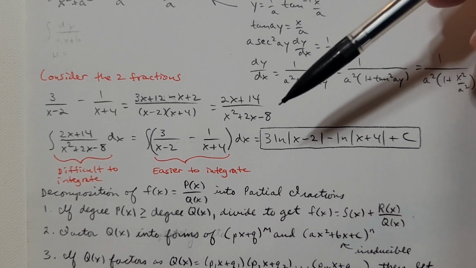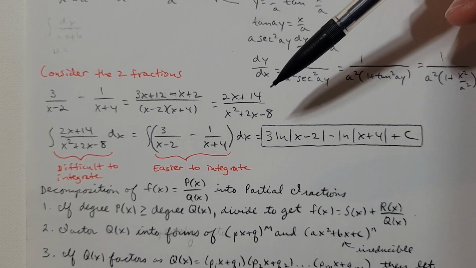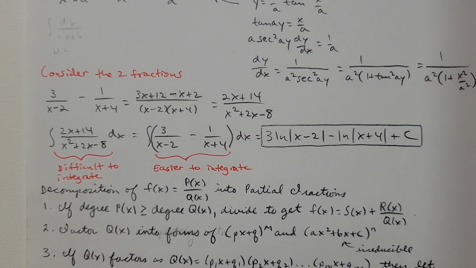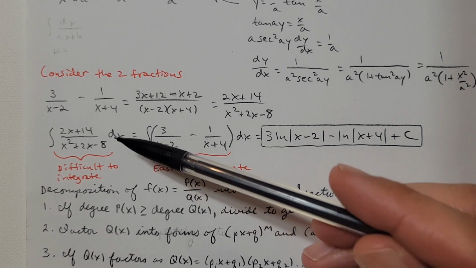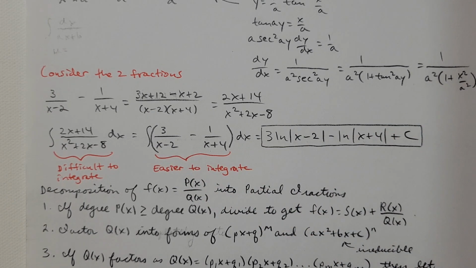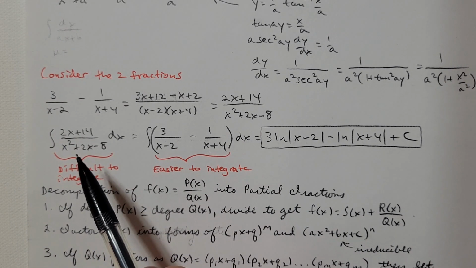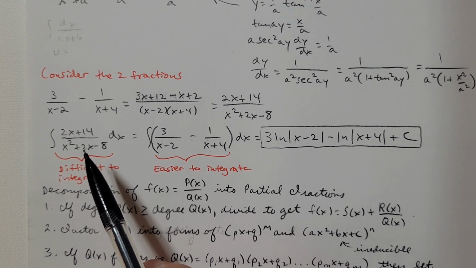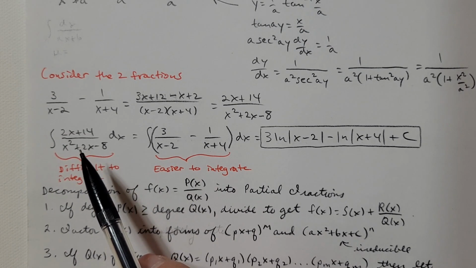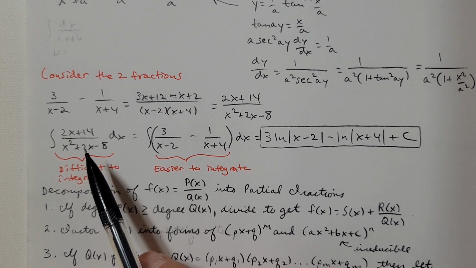Okay, now what if I were going to integrate 2x plus 14 over x squared plus 2x minus 8? Well, that would be fairly difficult to integrate. Right? I can't use a u substitution. The only option that I'd consider here is to let u be the denominator. If u is x squared plus 2x minus 8, du would be 2x plus 2.